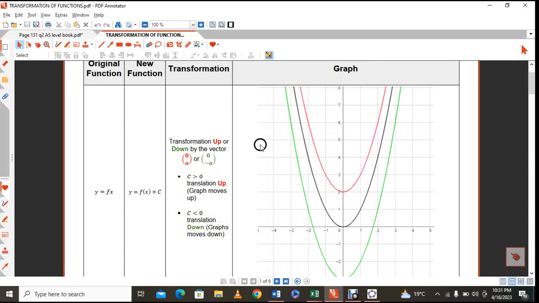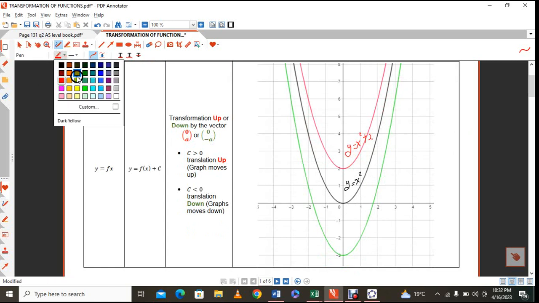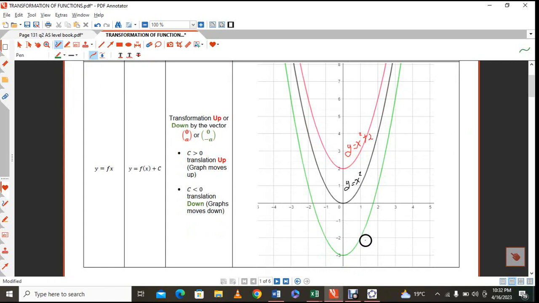The graph that you're seeing here, the one in black, is the graph of, let's say, y equals x squared, and the one in red is the same graph, but now it has been translated two places up from the origin. And then also the one in green is the same graph that has been translated just downwards.